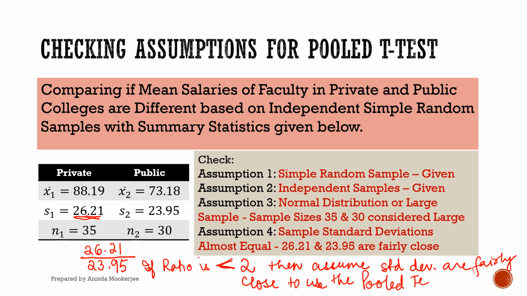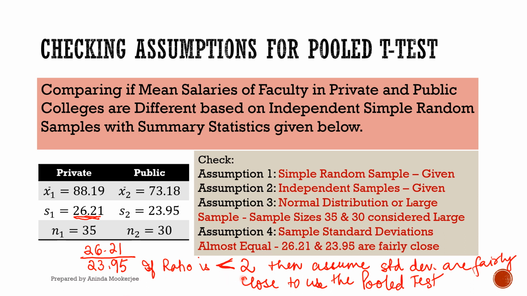So that's going to be the rule of thumb. Whenever you're given two standard deviations and you have to figure out whether you can use the pooled test or not, just take the higher standard deviation value, divide it by the smaller value, and see whether the resulting quotient is less than 2 or not.